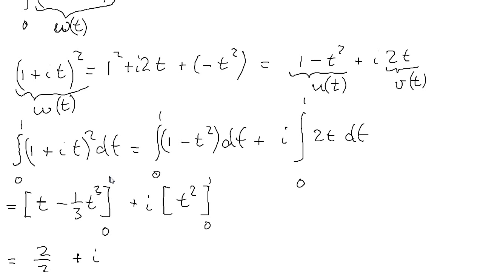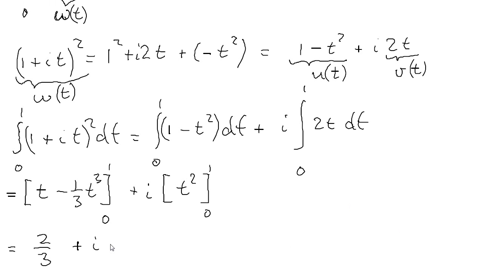They should be eventually inserted into this expression. And the same for this imaginary part. The antiderivative of 2t is, of course, t square. So inserting these limits, we obtain that the integral we are searching for has a real part 2/3 and the imaginary part equal to 1. So this will be then the complex number corresponding to this integral.